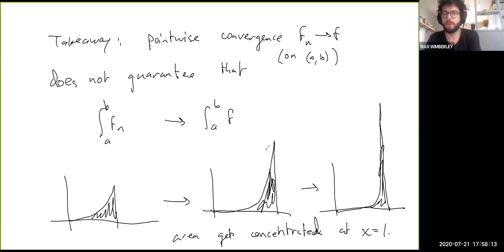This will end up being impossible for uniformly convergent sequences. So uniform convergence will prevent stuff like this from happening, basically. So that's another nice property of uniform convergence that makes it one of the things that we're interested in studying.